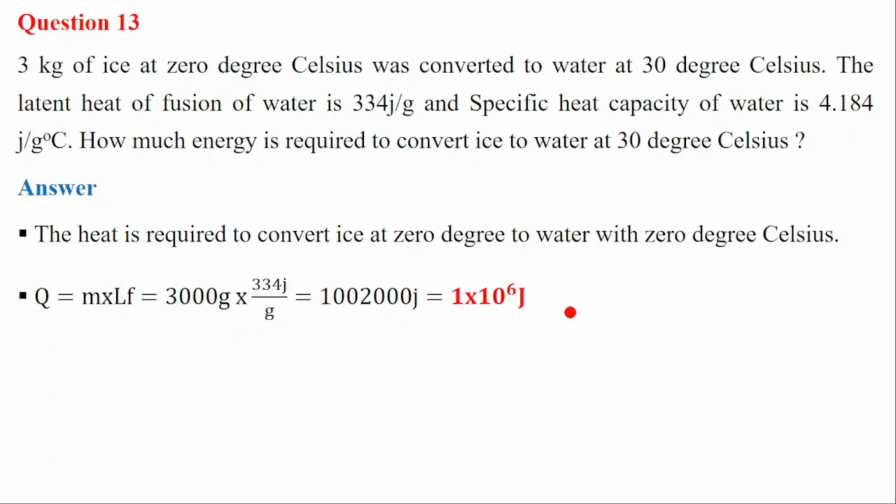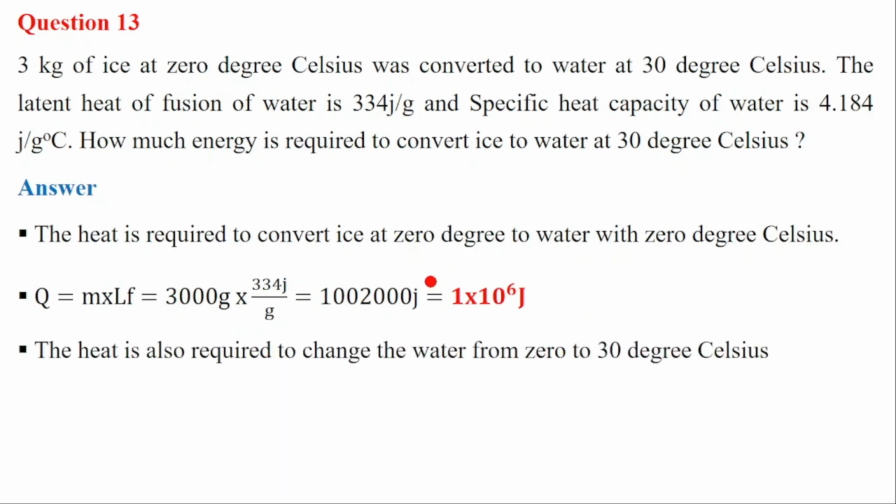Then heat is also required to increase the temperature from 0 to 30 degrees Celsius. That means that for the first stage, this is the heat required for the phase change, using the latent heat of fusion.